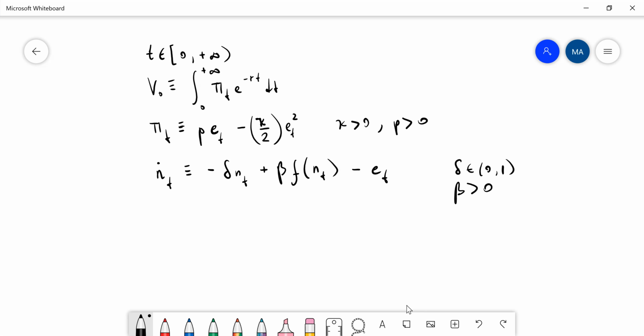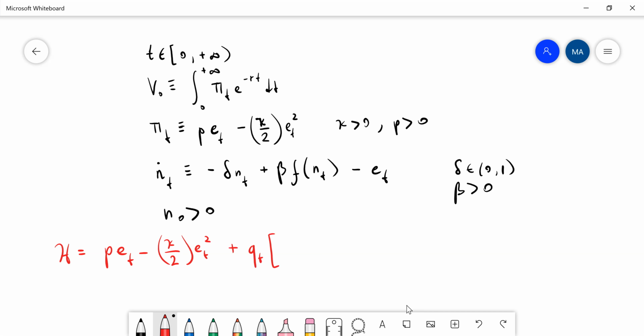Now, what is the problem? So the problem would be now, once again, you have the initial stock given, right? So the problem is now a Hamiltonian problem, obviously. So you have the instantaneous reward, plus you have the constraint.